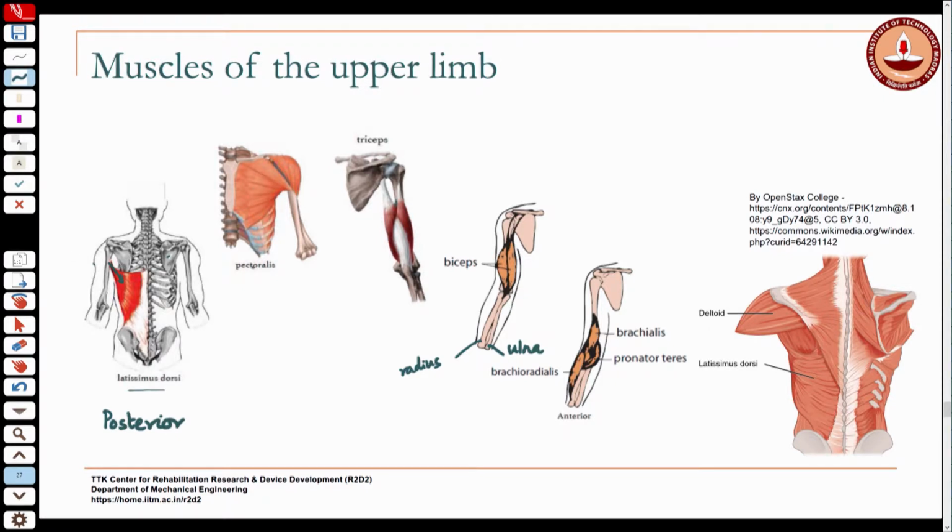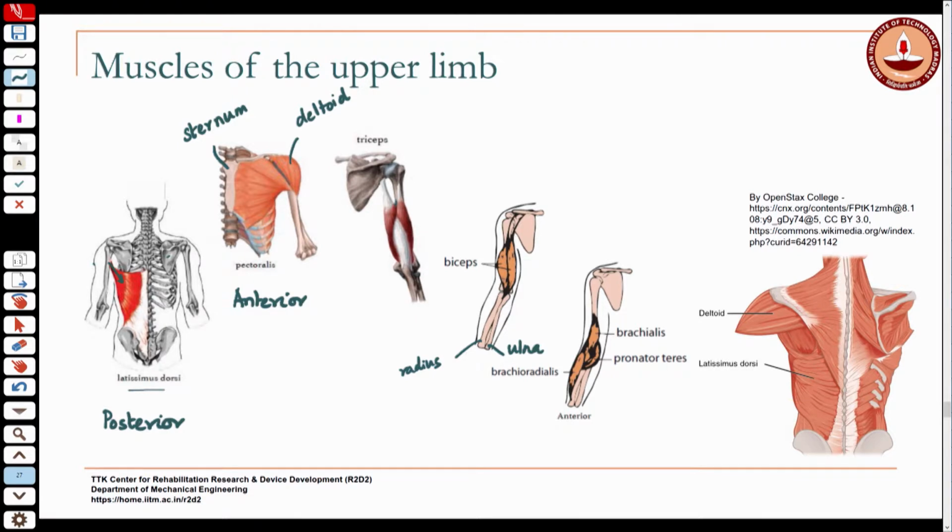Then this view, which view is this? This is your anterior view. You can see that you have the pectoralis, which is the chest muscle, and then this is an important muscle that we will be looking at, called the deltoid.